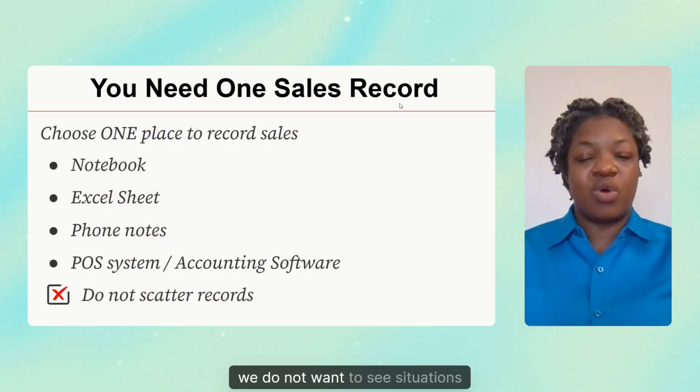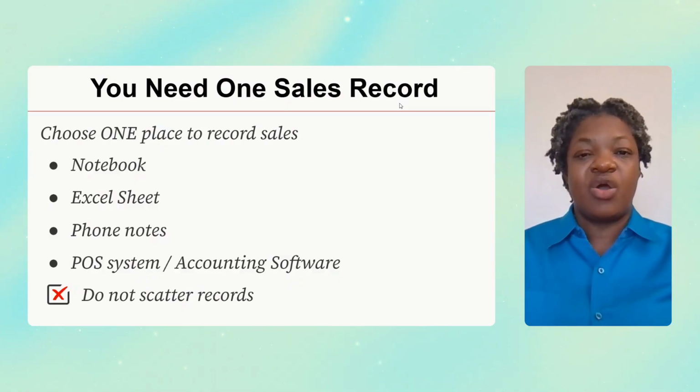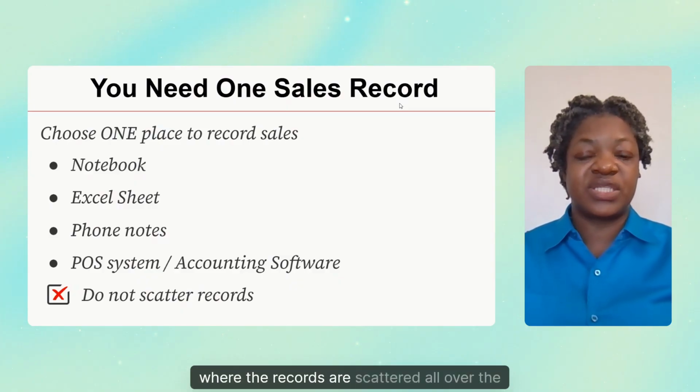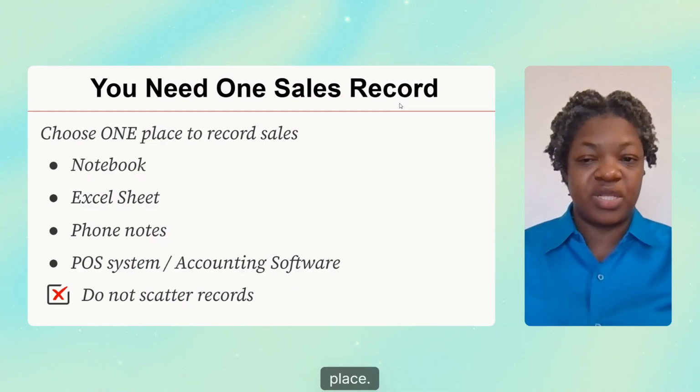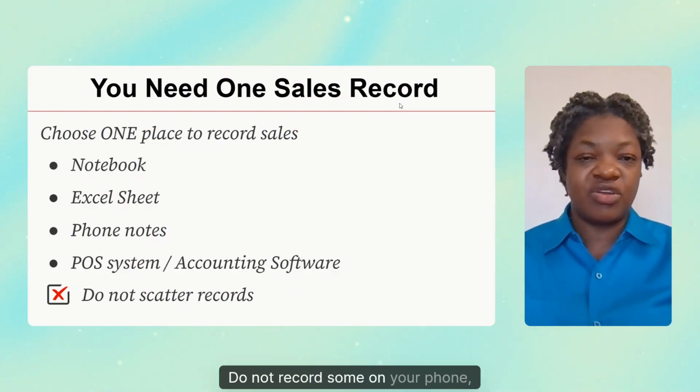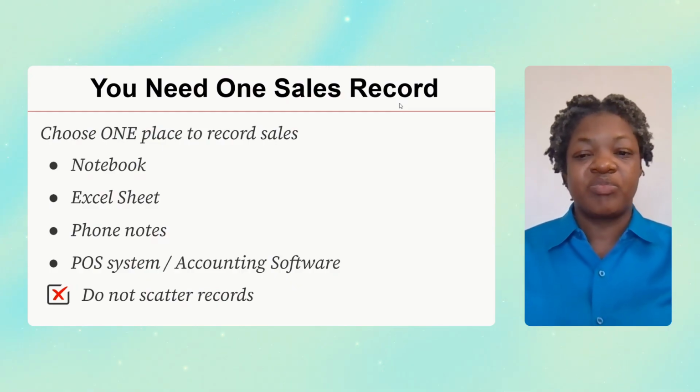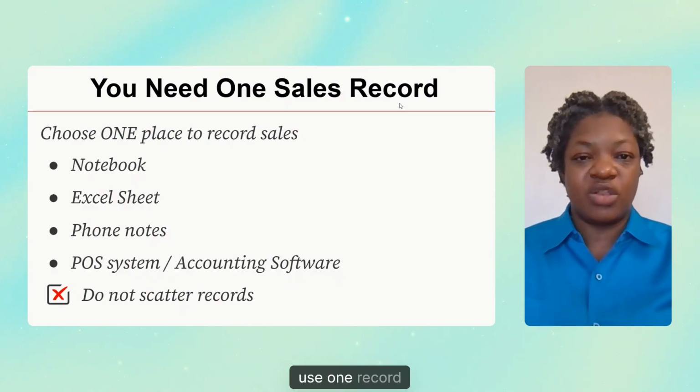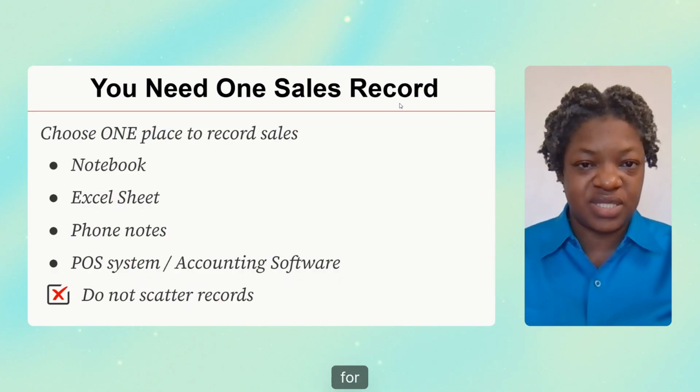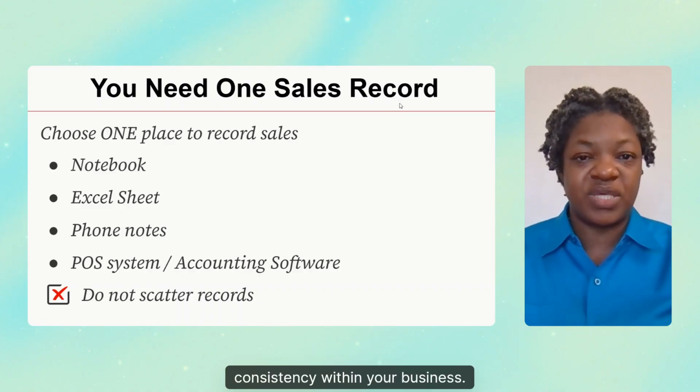However, we do not want to see situations where the records are scattered all over the place. Do not record some on your phone, some in a notebook, some in your POS system. No. Use one record for consistency within your business.